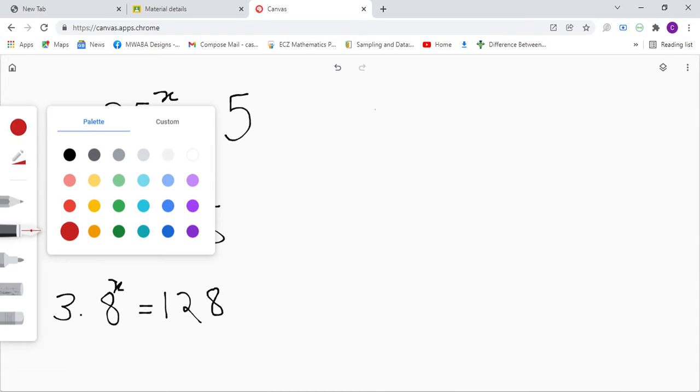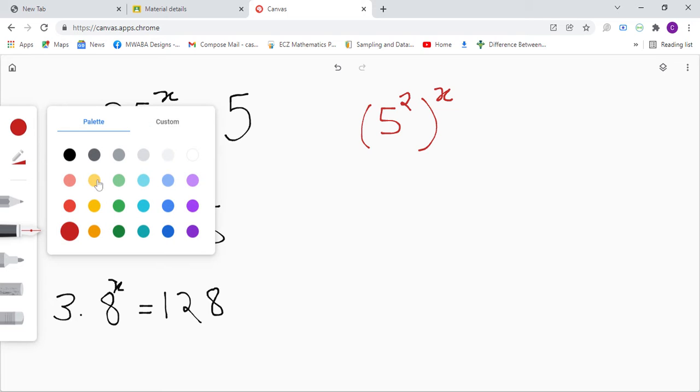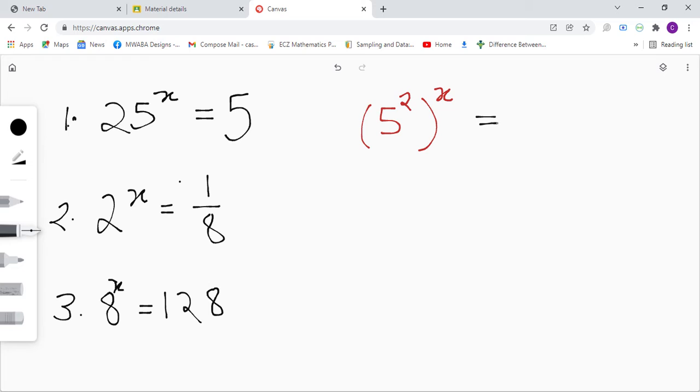So we're going to say 5 squared, to the power x, equals 5.